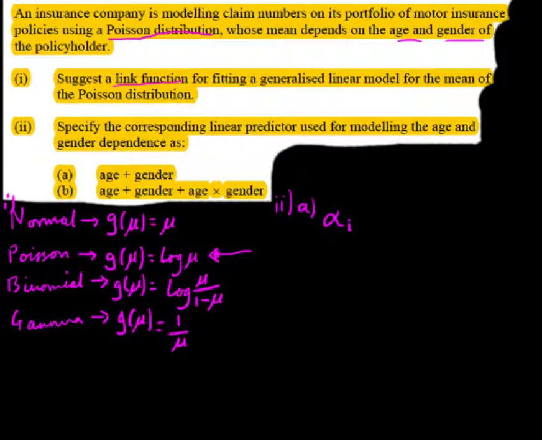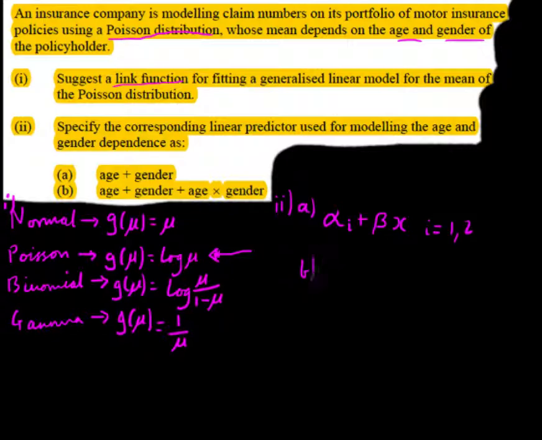You can say 2 is male, 1 is female, or whichever order, it doesn't matter. And then we'd also be adding in beta, which is the factor for age, multiplied by the age of the person. And that's exactly all you'd have to find. And you can write down where I is 1 and 2.